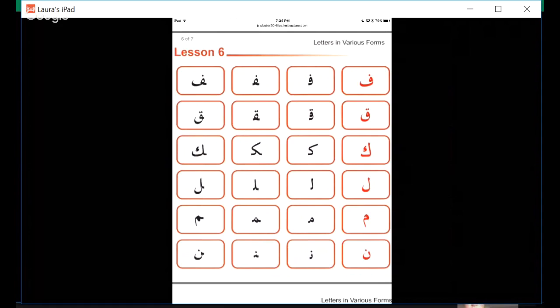Next, we have meem in isolation, followed by meem at the beginning of the word, meem in the middle of the word, and in the fourth column, meem at the end of the word. Our last row is the letter noon. Noon in isolation, noon at the beginning of the word.